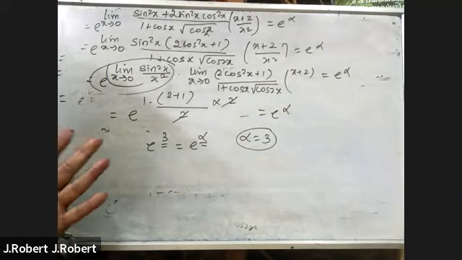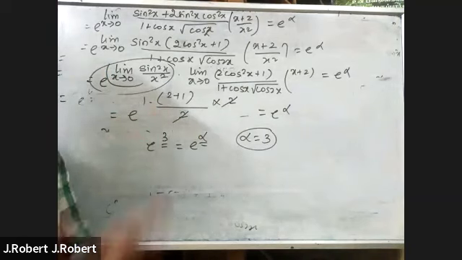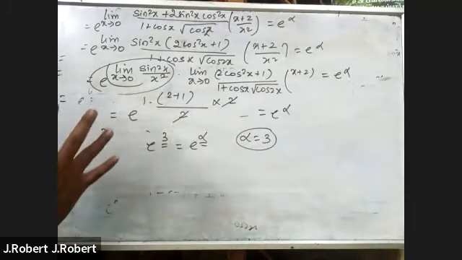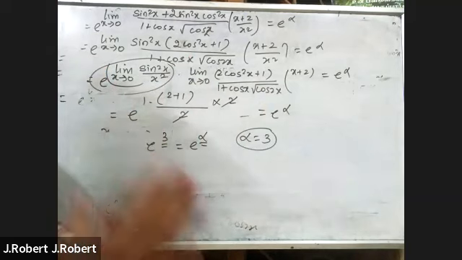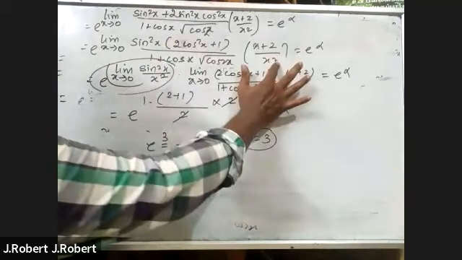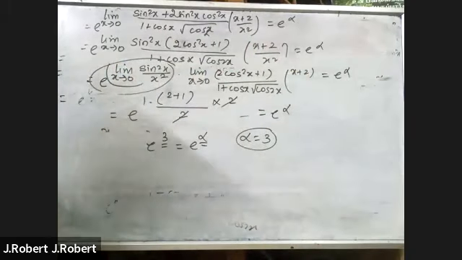Look, the limit x tends to 0 of f of x power g of x, we can write as e power limit x tends to 0 of g of x into f of x minus 1. I have applied that formula here. For the simplification, applying trigonometric formulas I brought it to sin squared x. Once sin squared x by x square is separated, the rest is the direct substitution method.